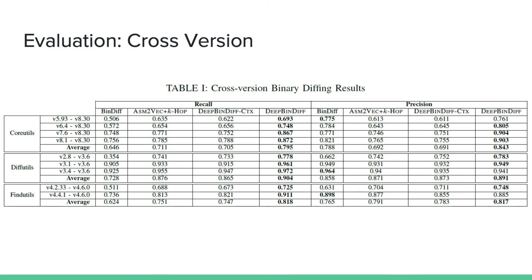So the first result they talk about is a cross-version analysis. As you can see, the bold numbers are the best recall and best precision, and almost everywhere except maybe one place, DeepBinDiff is the best in terms of precision and recall.